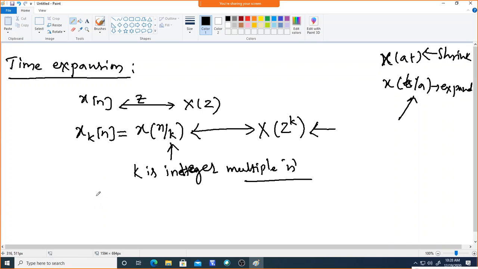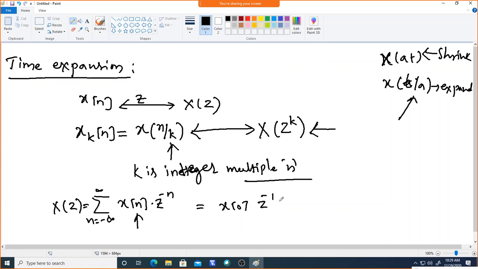If you take the summation for x of z, you have n equal to minus infinity to plus infinity x of n into z power minus n. Now you can see that if k is an integer multiple of n, we get the proper samples, because these are the coefficients of z. For example, x of 0 into z power 0 plus x of 1 into z power minus 1, and so on. Whatever coefficient value we get is only at the corresponding value of n.